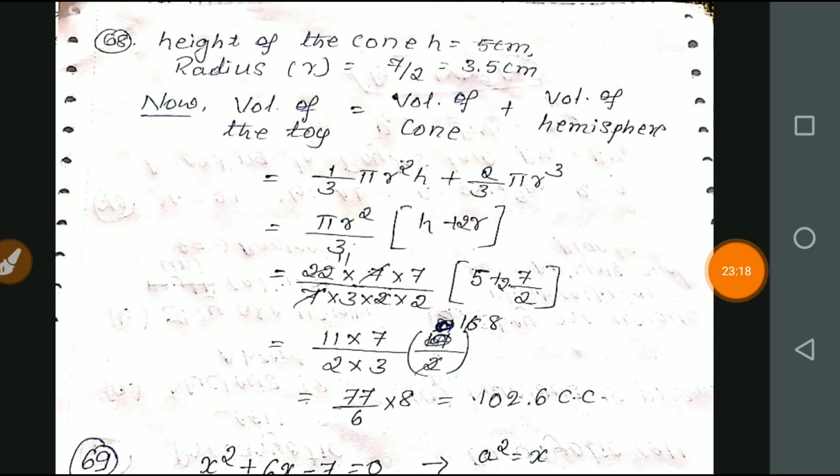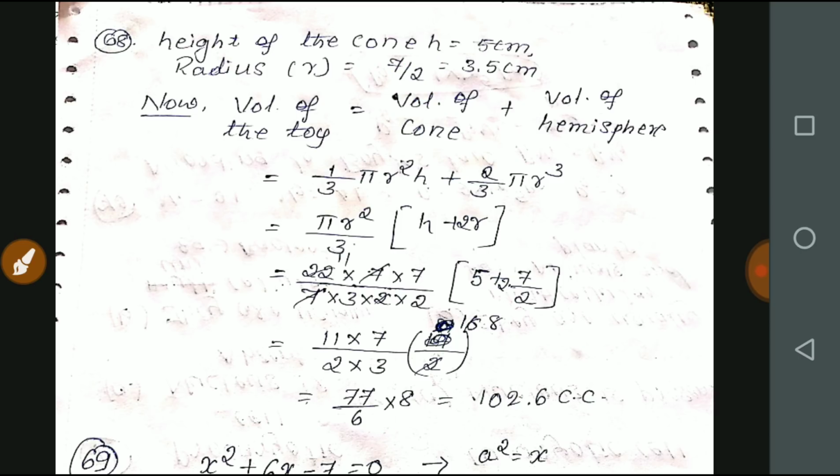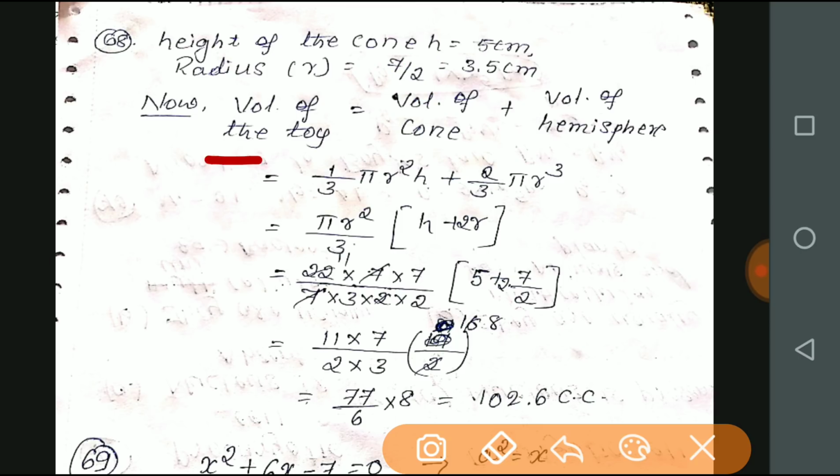The height of the cone is given, that is 5 cm, and the radius is 7 by 2 cm. Now, the volume of the toy is equal to the volume of the cone plus the volume of the hemisphere. The volume of the cone is 1/3 pi r square h plus the volume of the hemisphere is 2/3 pi r cube.